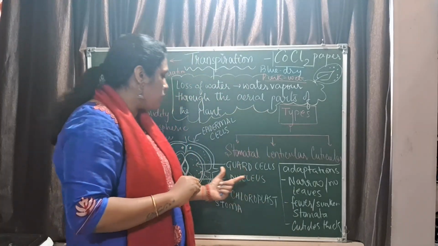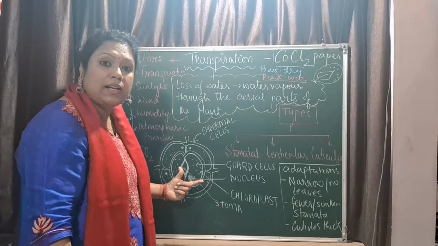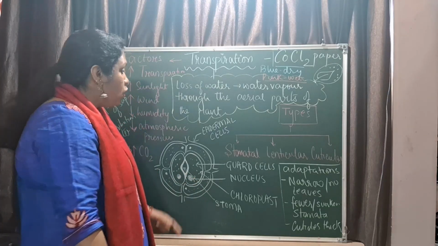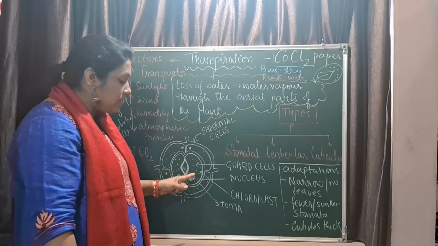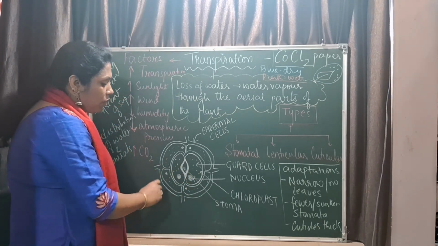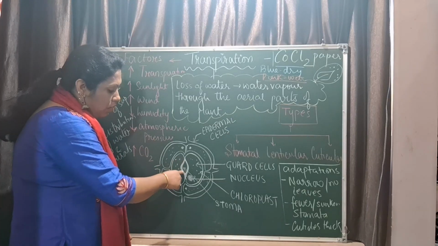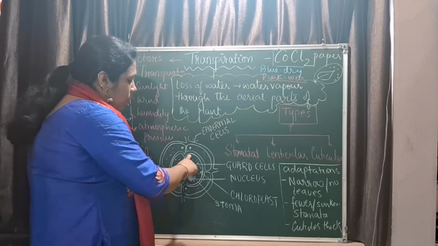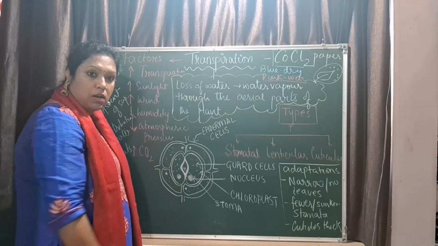Now, how do the stomata look? This is the structure of the stomata. It is the entire stomatal apparatus, which includes the epidermal cells, the guard cells, and the stoma. The stoma is the opening. When you are drawing, you will get marks only when the inner wall of the guard cell is thick, the outer wall is thin, and you have the neighboring cells with the cell wall.